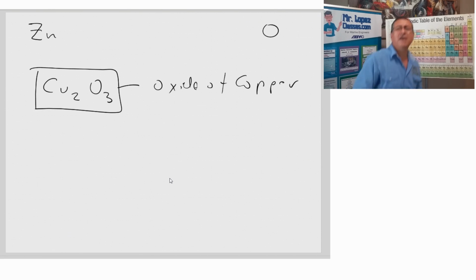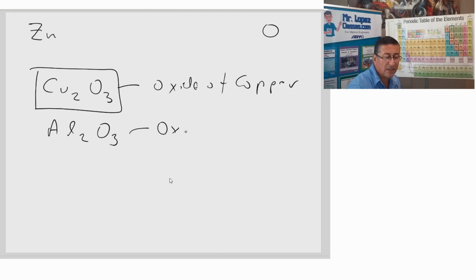What if the oxygen tries to attack the aluminum? Exactly the same. Two atoms of aluminum and three atoms of oxygen are necessary in order to create the oxide of aluminum.